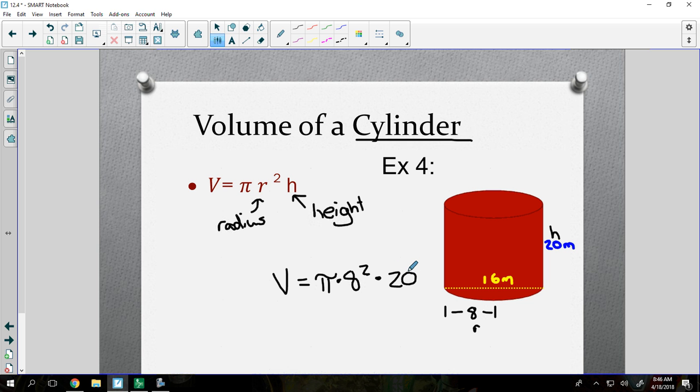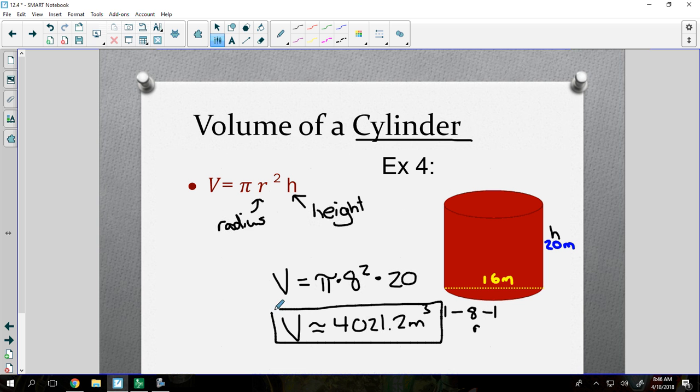We would type that in, and I am getting that the volume is approximately 4,021.2 meters cubed. So make sure you can type that in and get that. If your calculator gives you the answer in terms of pi, make sure you convert that over to a decimal. I do not want 1,280 pi, I want the decimal.